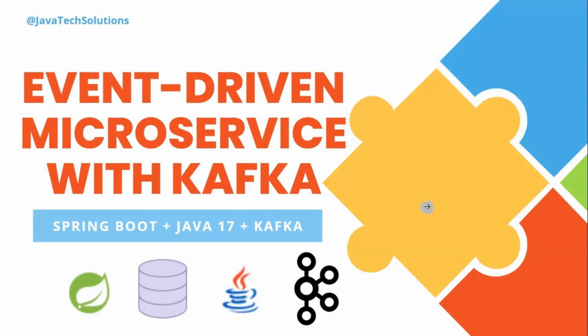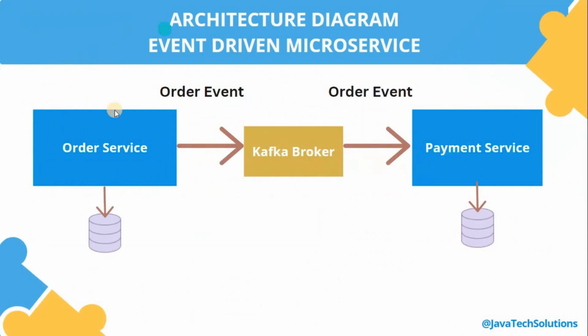Now, talking about the project overview, as you can see over here, this is the diagram demonstrating this event-driven architecture. I will implement one order microservice and one payment microservice, and they are going to communicate through the Kafka broker.